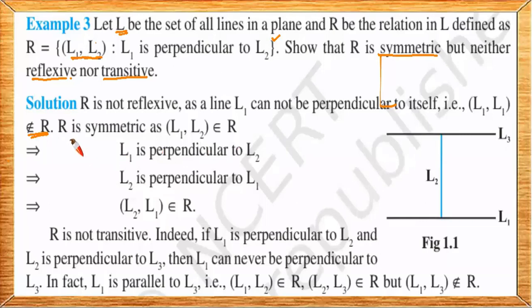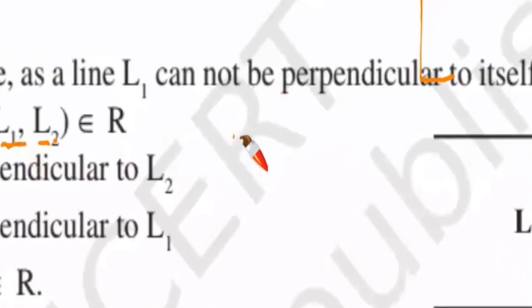Now R is symmetric. If (L1, L2) belongs to R, because if a line L1 is here and any line is perpendicular to it, it is L2. So we can say L1 is perpendicular to L2 and L2 is perpendicular to L1. So both are perpendicular to each other.